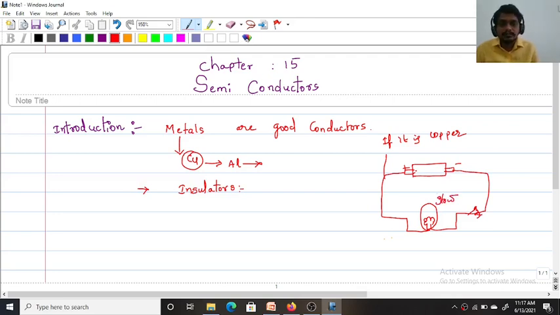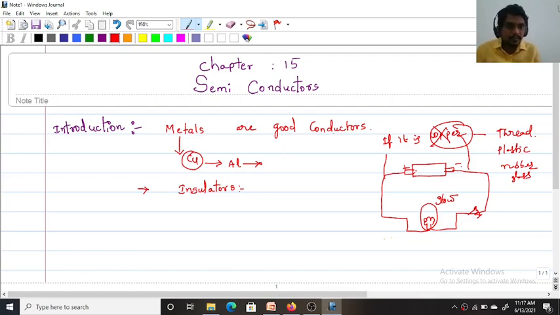Now what happens if I replace the copper with another material? Examples of insulators are thread, plastic, rubber, glass.